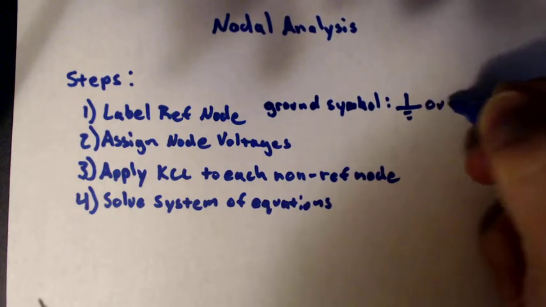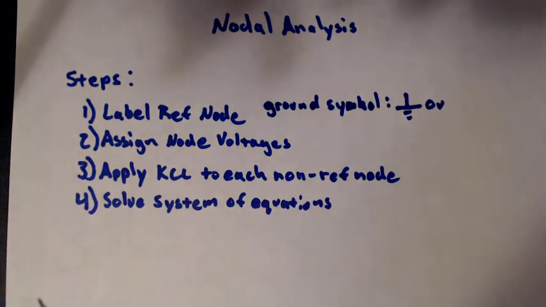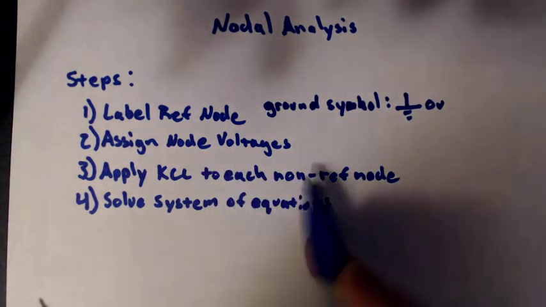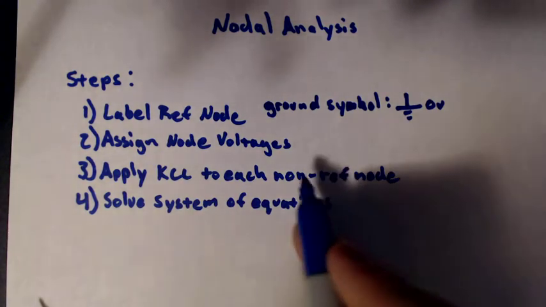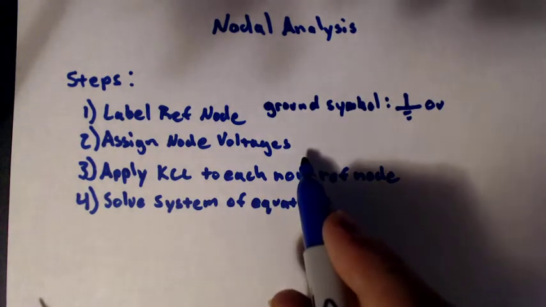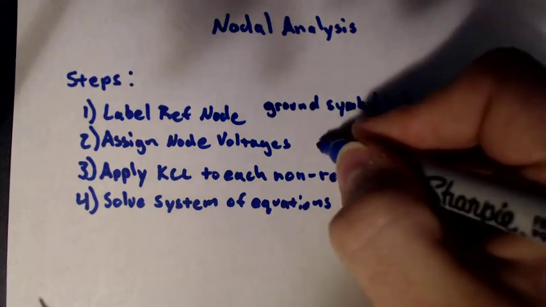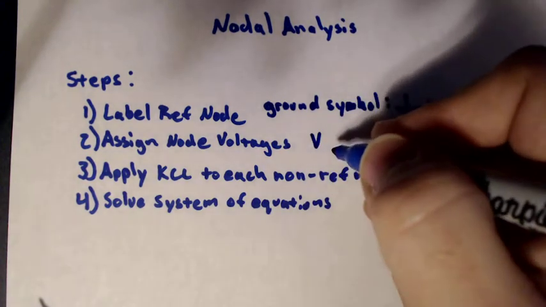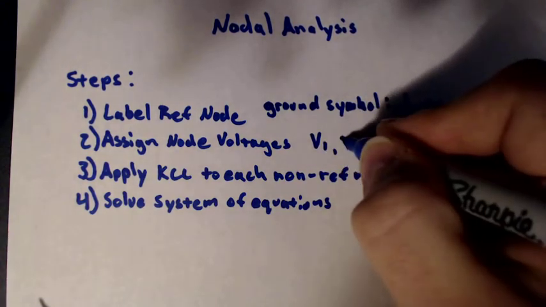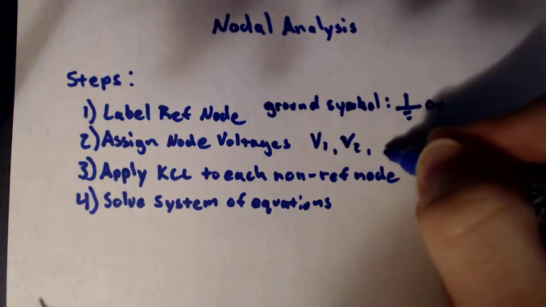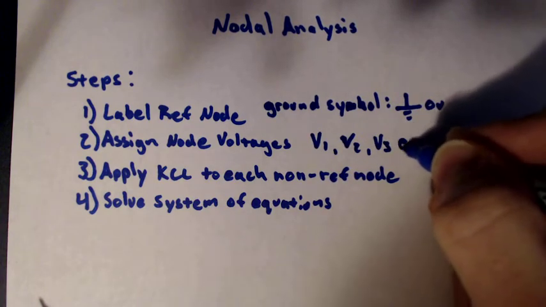We'll then be assigning node voltages. So every point in your circuit that has a different voltage, we're going to label as V1, V2, V3, etc.